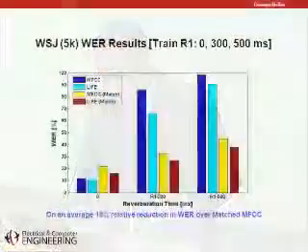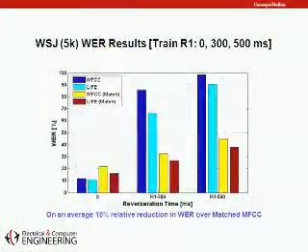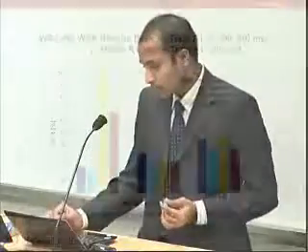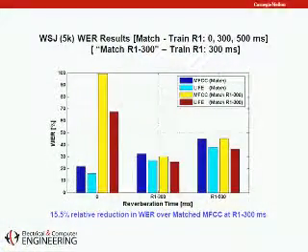Okay, so this is where training was done on all three different reverb times. Next, I was curious about another experiment where I did training on just one condition. I reverberated my database with just 300 millisecond reverb time, and compared this with the three different cases here, to see if there is an additional improvement in a perfect matched condition.